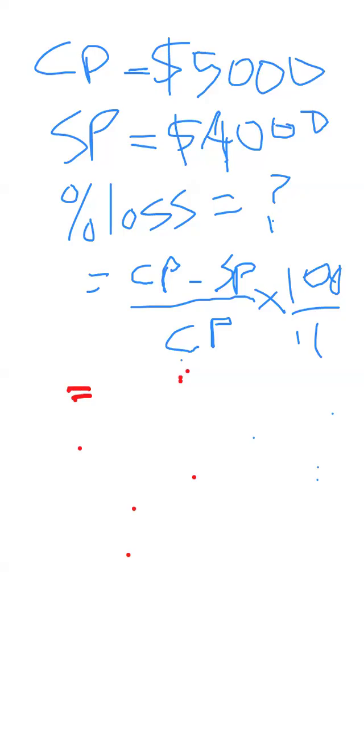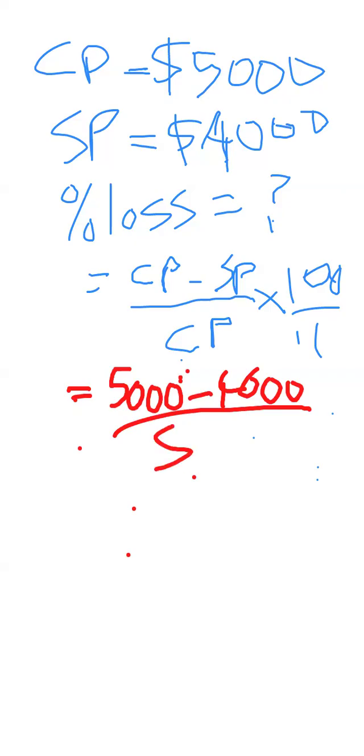Okay, let me try it again. So CP is 5,000, SP is 4,000. 5,000 minus 4,000 divided by 5,000 again.